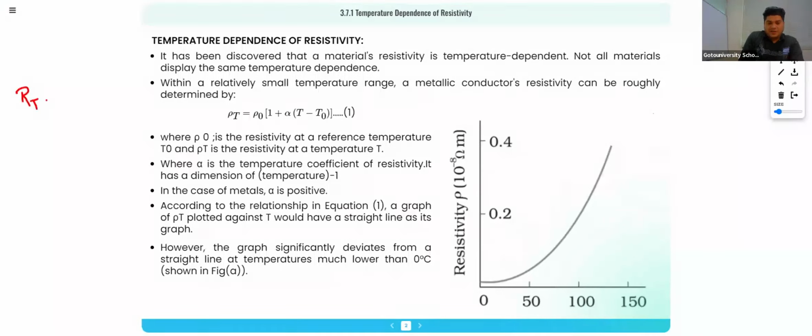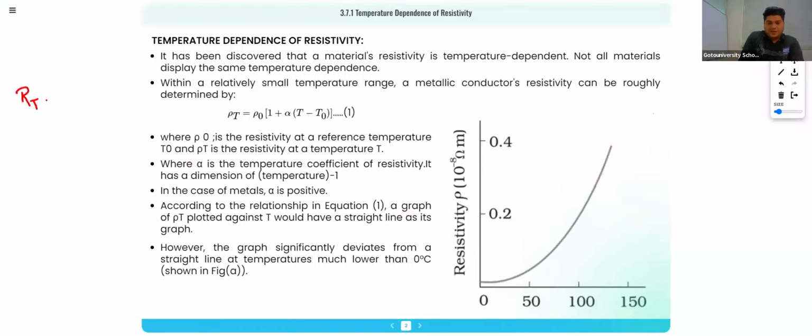Some materials like nichrome, manganese, and constantan, from which resistance is made, exhibit very weak dependency of resistivity with temperature. Hence, these three are used in wire bound resistance.